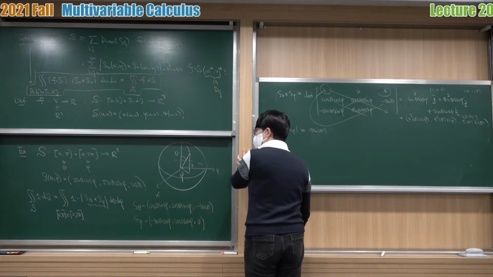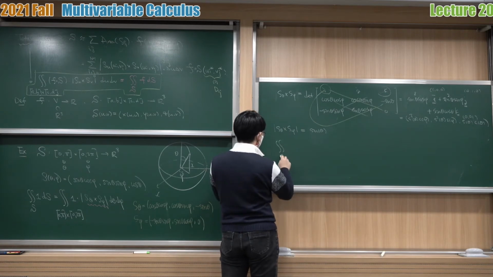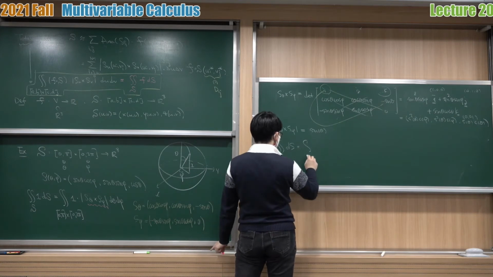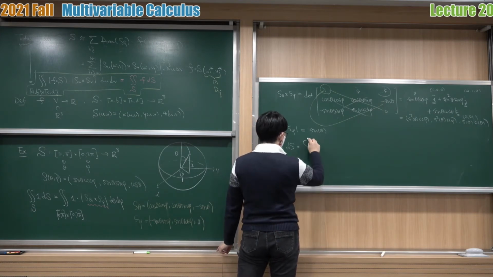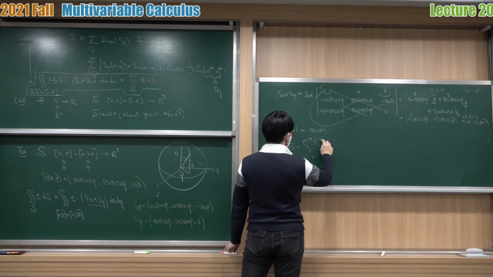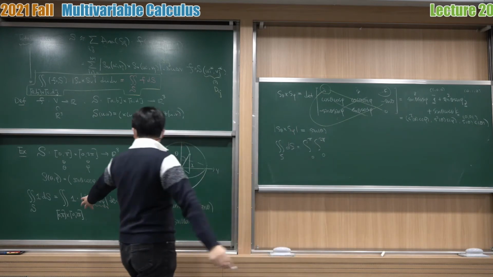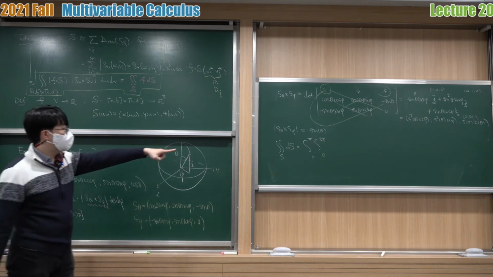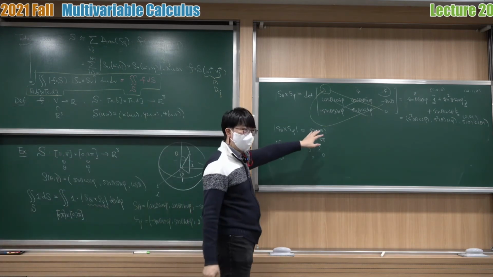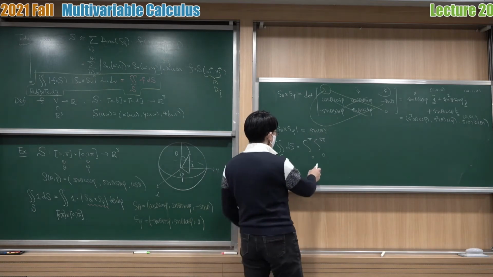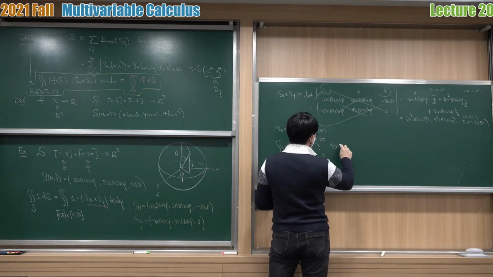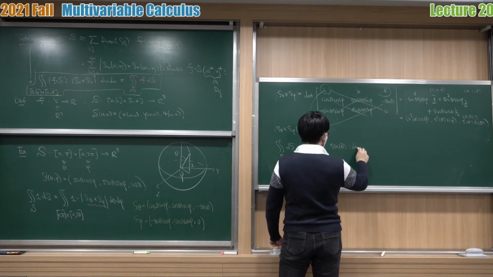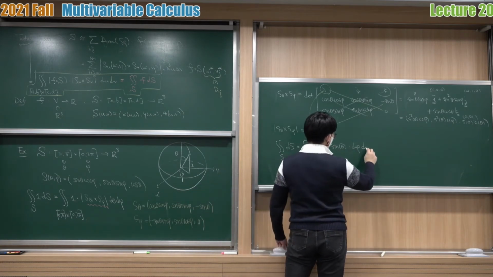So therefore, the surface integral is the integration over 0 to pi, 0 to pi. I can change my double integral to an iterated integral because our integrand is the sine function, which is a continuous function. I can use the Fubini theorem. So sine theta, first this is for phi, and next this is for theta.